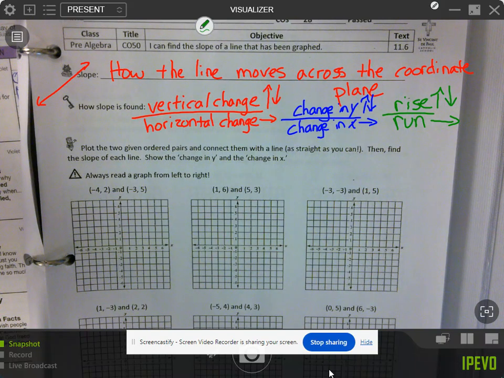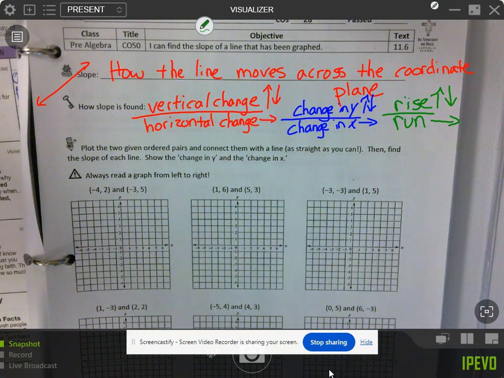How it changes horizontally, that change in X as it goes across the X-axis, or we call it the run. Same thing, different terms. So I always think of it as rise over run because that's the shortest. That's the simplest. So I go rise over run. Rise is up and down, run is going across. So on my help sheet, I would put rise, up and down, run going across.